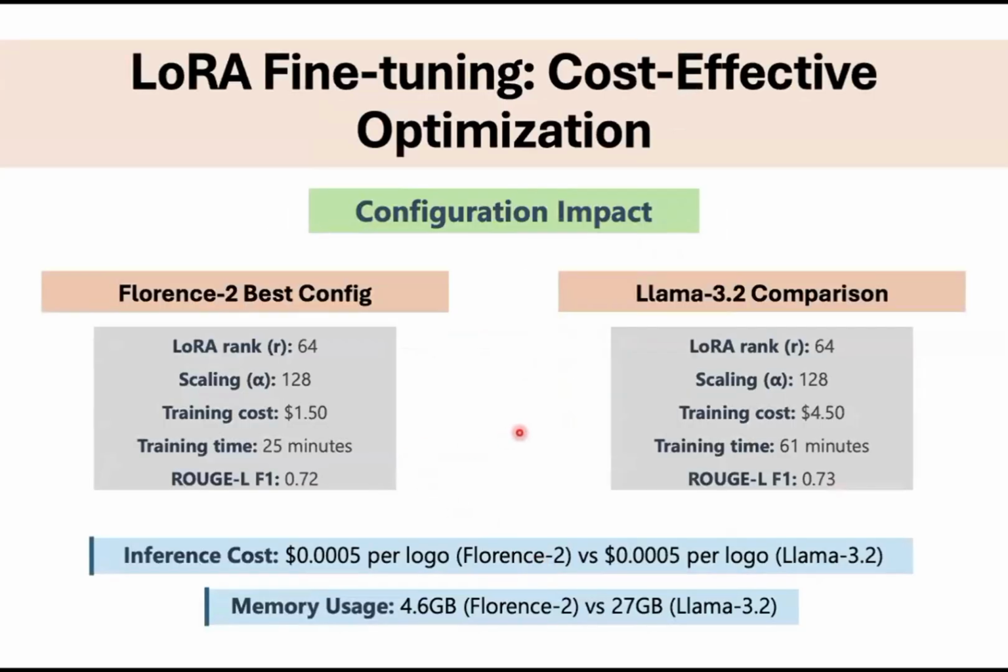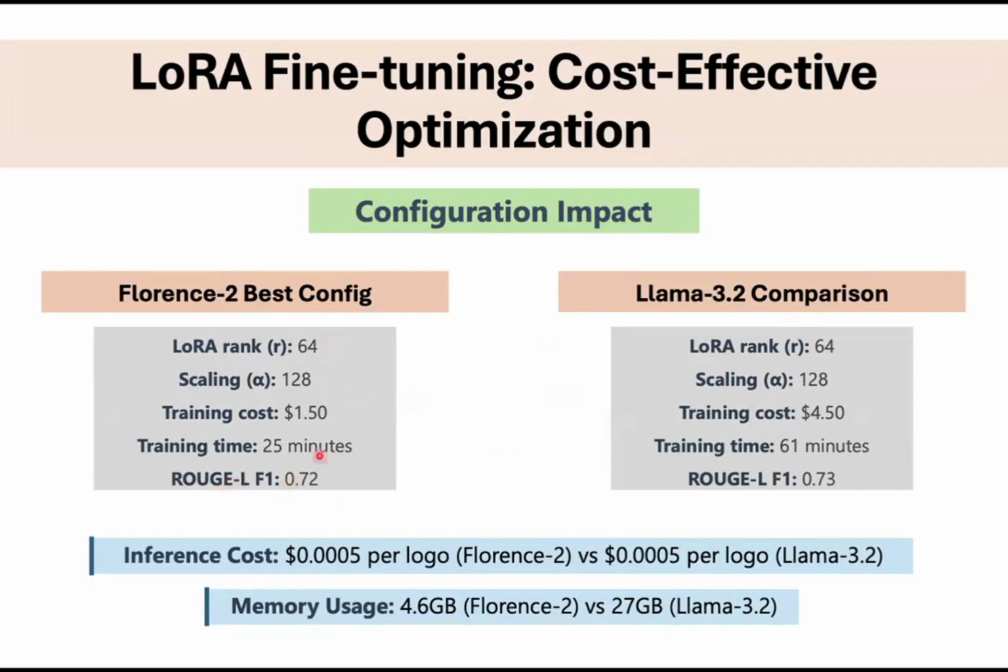So after fine tuning, we have these two best configurations of the open source models, namely Florence 2 and Llama. Both of them worked best when the rank and scaling factor were 64 and 128 respectively. And the training cost of Florence 2 was about 1/3 of what it was for the Llama. Plus the training time was also less than half of the Llama models.